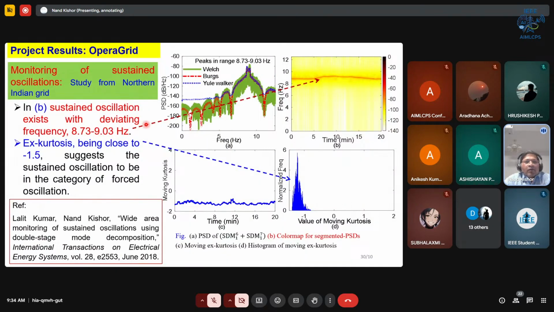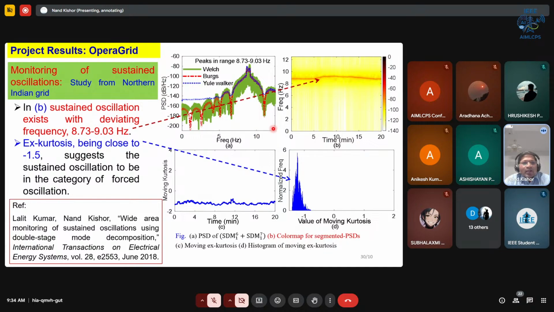Then, as a form of monitoring, we continued, and you can see from the real-time signals that at this instant there is a change in the frequency here, and that corresponds to around 8.7 to 9 hertz. So this is the deviating frequency that is present in the real-time signals.